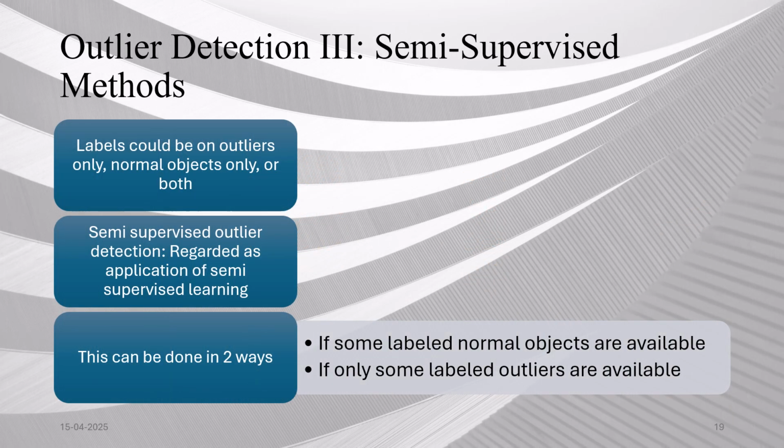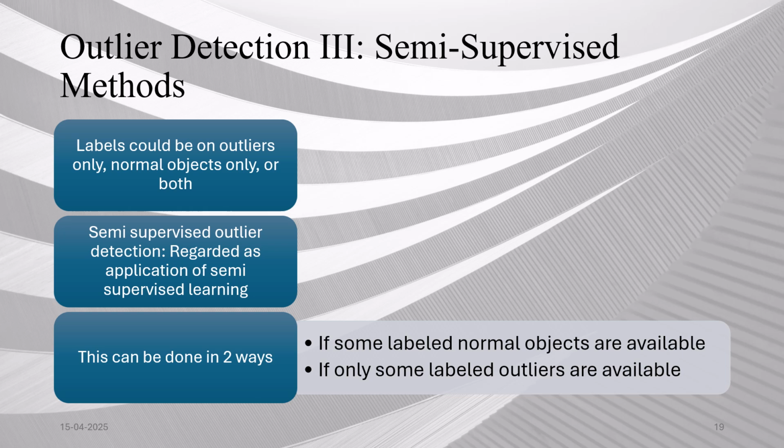Semi-supervised methods. In many applications, obtaining some labeled examples is feasible. The number of such labeled examples is often small. We may encounter cases where only a small set of the normal and outlier objects are labeled, but most of the data are unlabeled. Semi-supervised outlier detection methods were developed to tackle such scenarios.